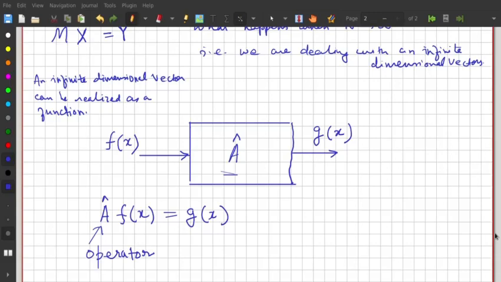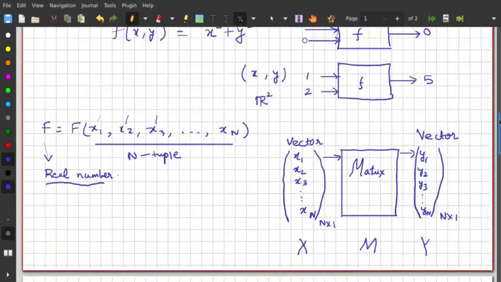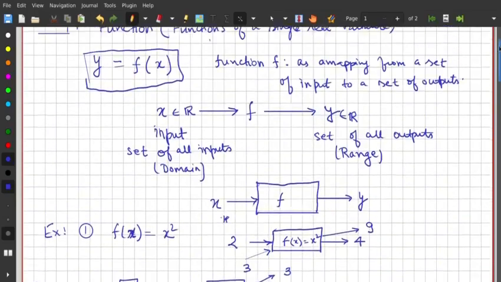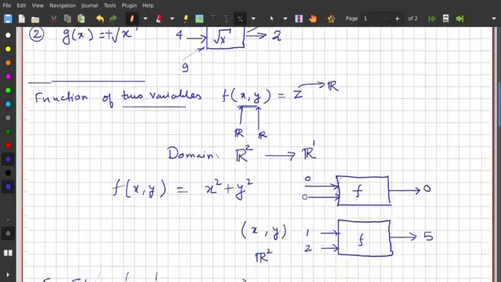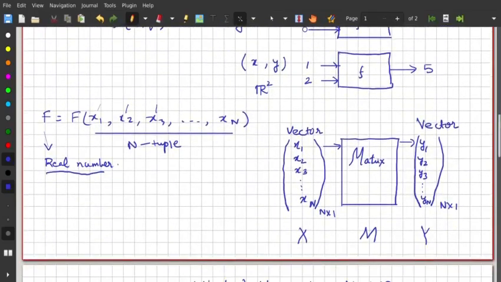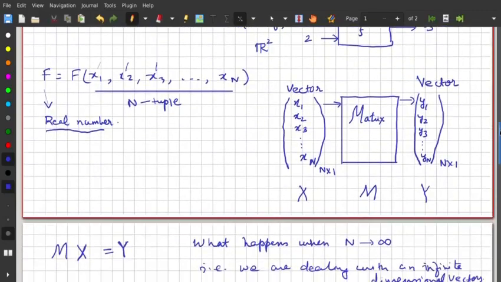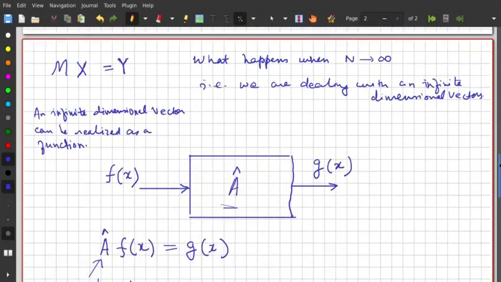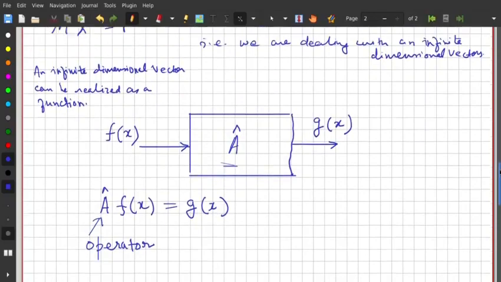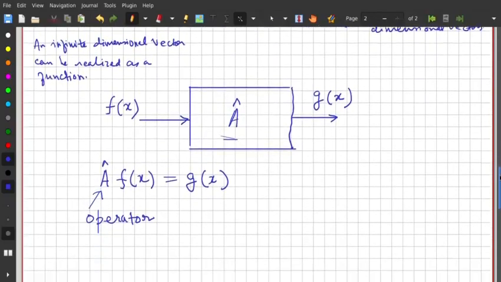So you see how we came up with the generalization, from a single variable function to multiple variables to n variables, and through the idea of matrix vector operations to the idea of a continuous operator that we are discussing.